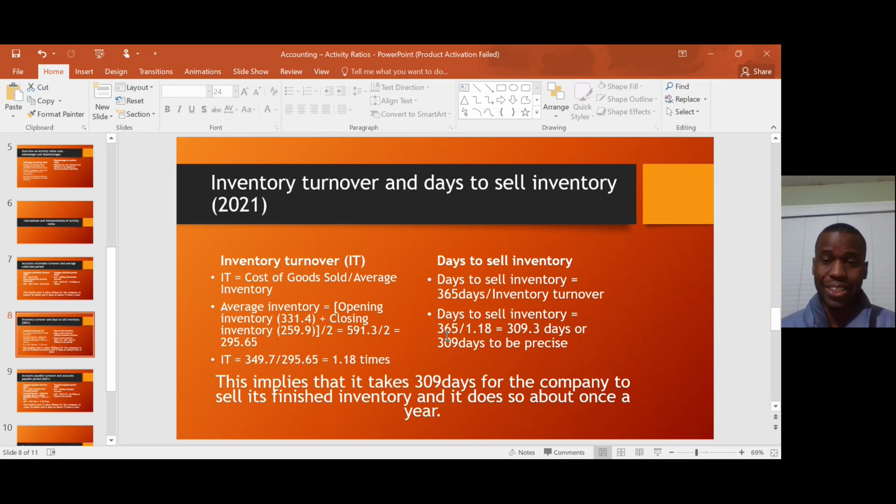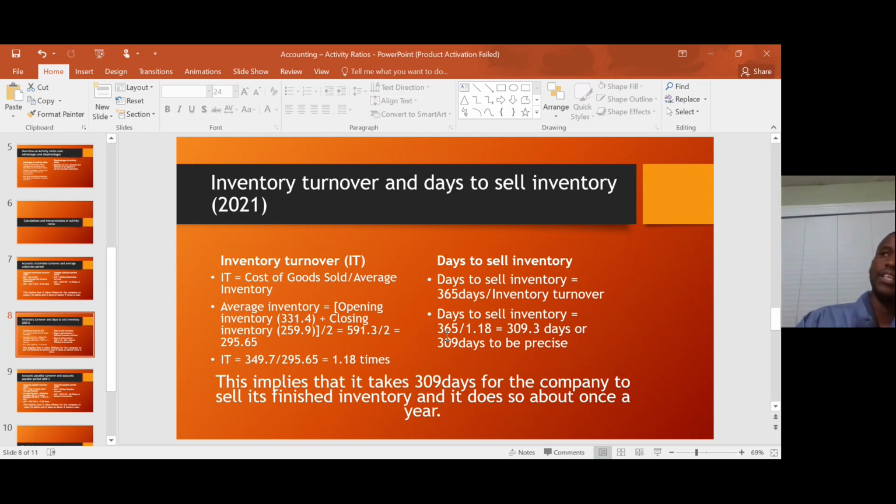And to better calculate the days it took for the inventory to be bought, we took that inventory turnover, because as aforementioned, we're looking at the financial year, and divided it into the number of days in the financial year, which are 365, and it gave us 309 days to be precise.